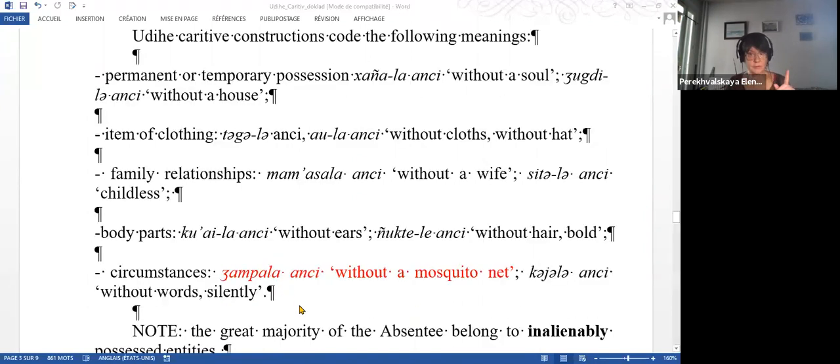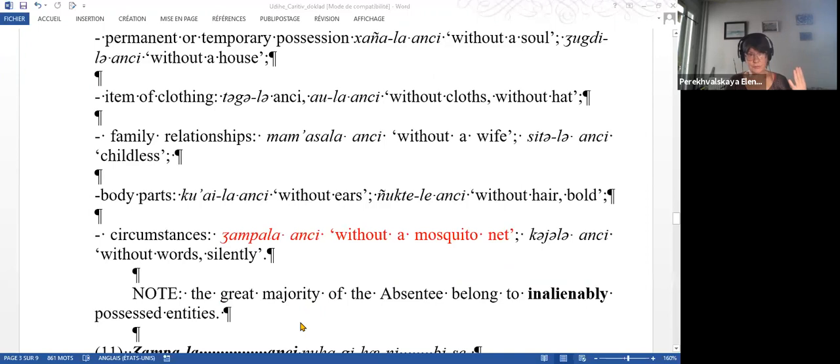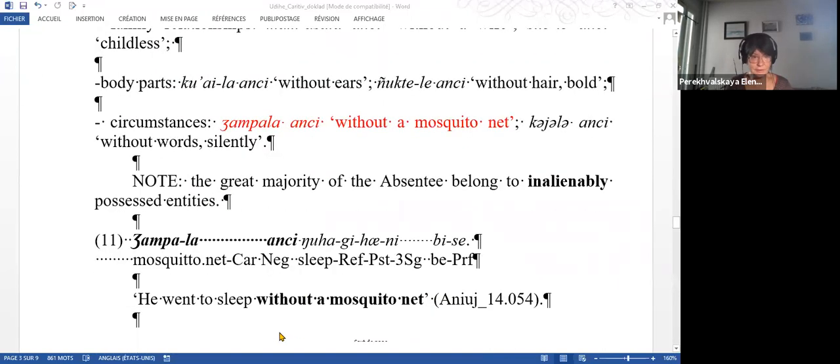Kelanchi also inalienable, except one exception that I found, where obviously we have caritive construction with something alienable: without a mosquito net. He went to sleep without a mosquito net.